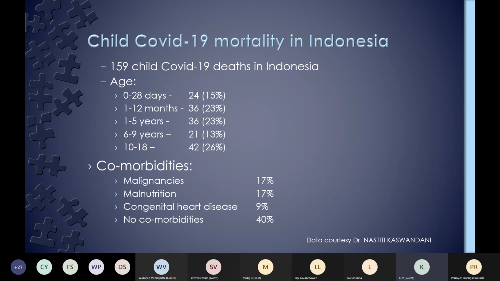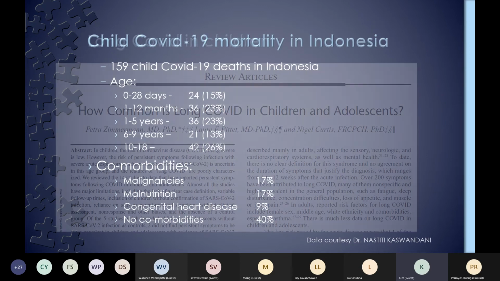And then there's a group that are teenagers, and the teenagers, I would suggest, are mostly teenagers with comorbidities, behaving essentially like young adults with a risk of mortality. The most common comorbidities in this Indonesian series are listed there. And I remember from the original data that there were a few others of interest, particularly tuberculosis, which was listed in some cases. So we can't ignore this.